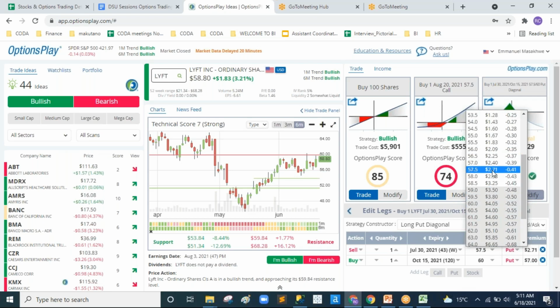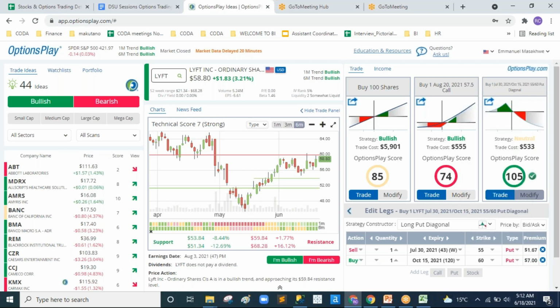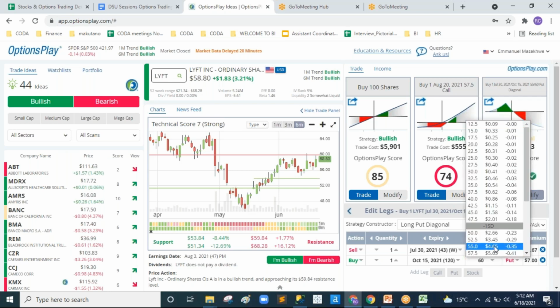Oops, this one is at 40 delta. So you need to adjust maybe to 30, 55. Okay, let's see at 30. Then the delta is matching.